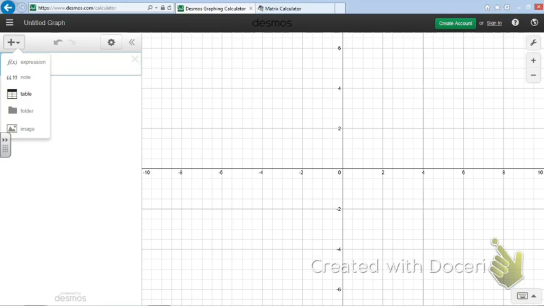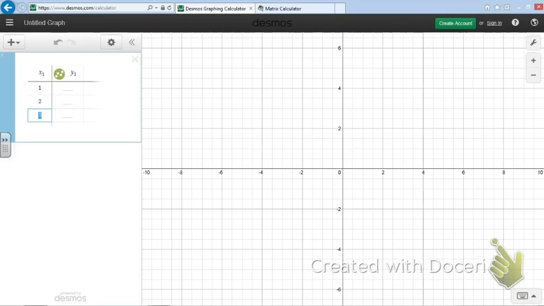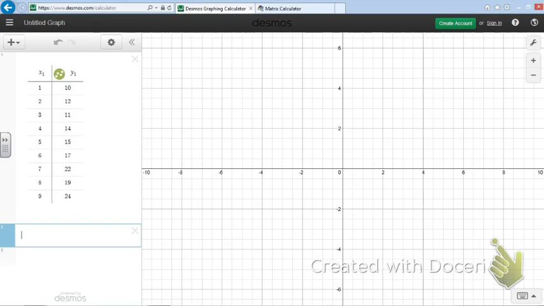Alright, so for number 20, the first thing I'm going to do is to add a table of values, and I'm going to put my X's in, and my corresponding Y's. And then I want to do a line of best fit.